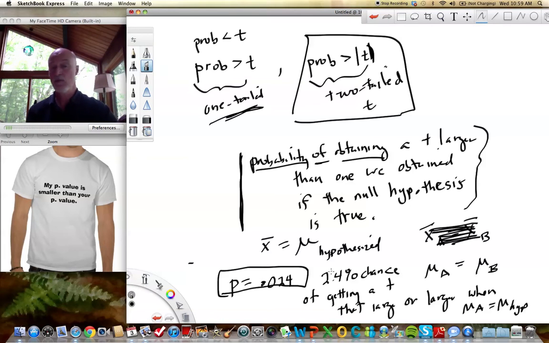And it means we have a 2.4% chance of getting a t that large when in fact the sample is drawn from a parametric population that has the same mean as the hypothesized mean. Okay, so that's all it means.